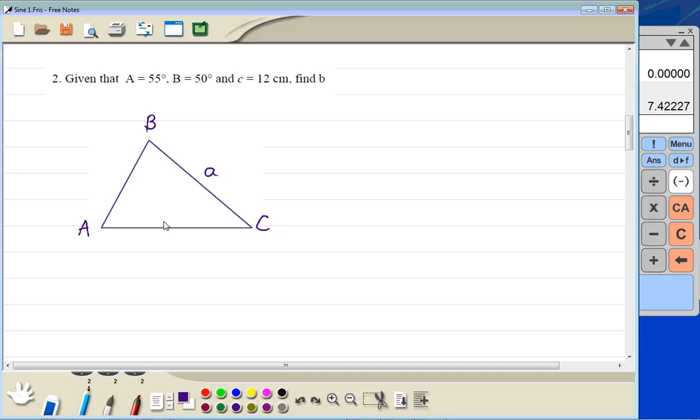Side B, opposite to angle B, and side C, which we know is 12. So the angle A is 55, angle B is 50, and we want to find side B.